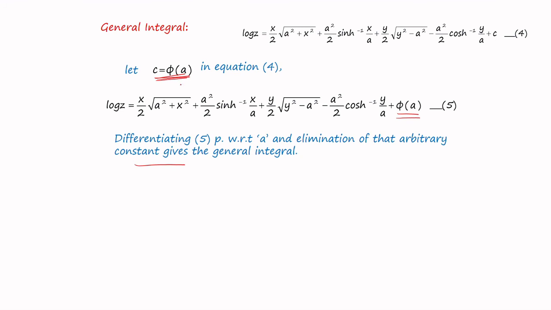That's why after your substitution you have to write like this: differentiating this partially with respect to this constant a, because it is reduced to only one constant, you have to differentiate this with respect to this one constant, and after eliminating the arbitrary constants we can get the general integral. This is the way you have to conclude your result.